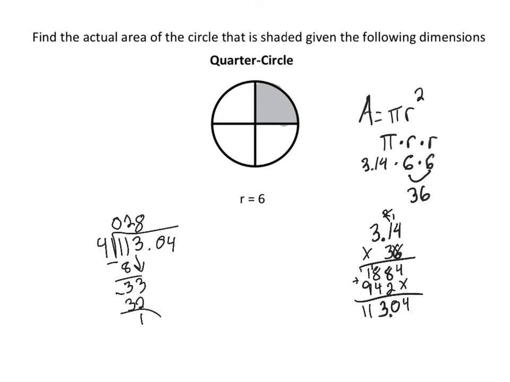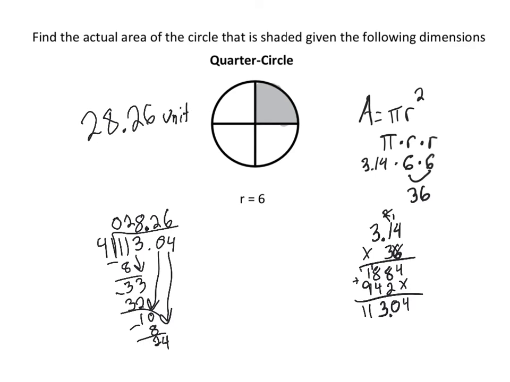Subtract, I get 1. I bring my decimal straight up. Bring my 0 straight down. 4 goes into 10 twice, which is 8. Get 2 left over. Bring down my 4. 4 goes into 24 6 times. So 1/4 of the circle is 28.26. Since there's nothing labeled feet, meters, whatever, we need to give it our own label of units. And since it's area, it has to be squared.